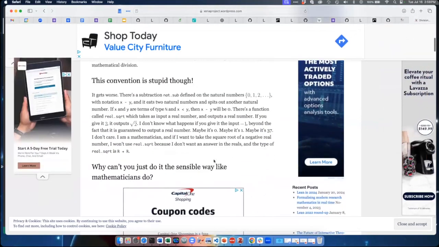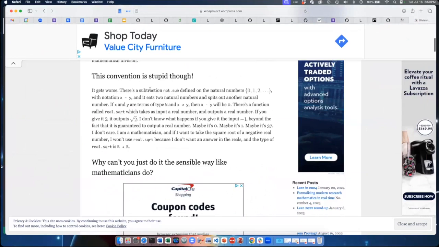It gets worse, okay? If you don't like it, consider Nat.sub, which is doing subtraction on the natural numbers. It eats two natural numbers and spits out another natural number. It always spits out another natural number. It never spits out an integer.